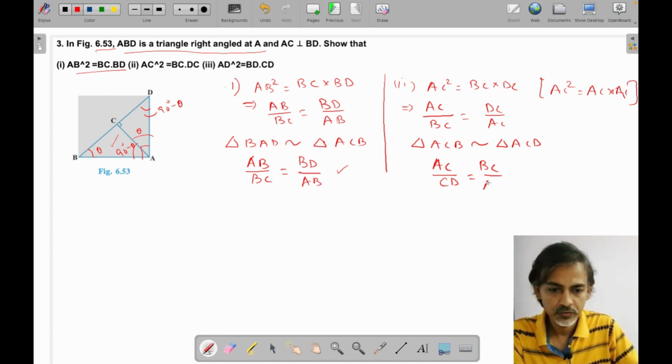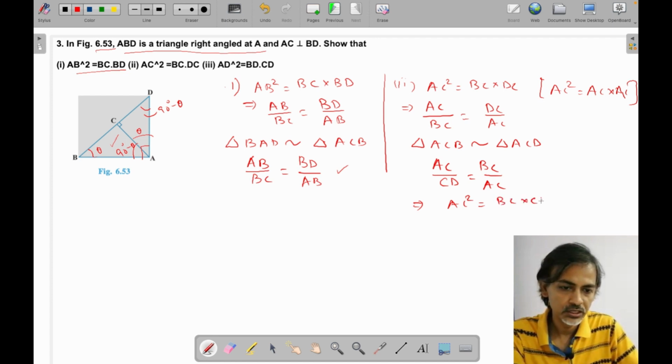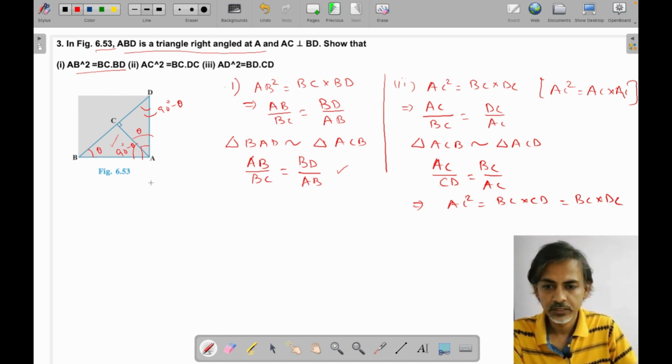So we got AC over here. Again we'll do a cross multiplication and get AC square equals BC into DC. This is what we had to prove. The second one is also done.